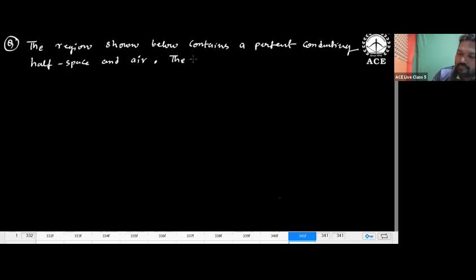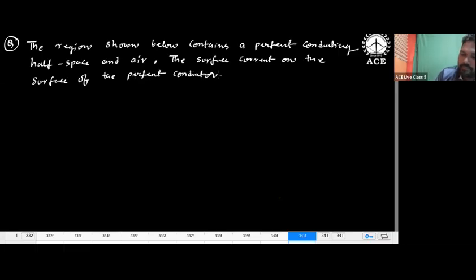The surface current on the surface of the perfect conductor is Ks is equal to 2x cap ampere per meter.